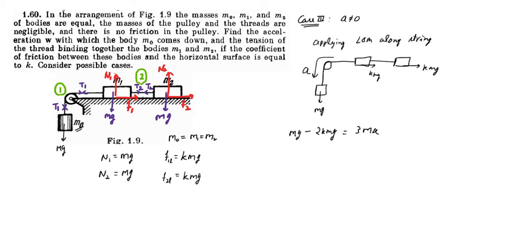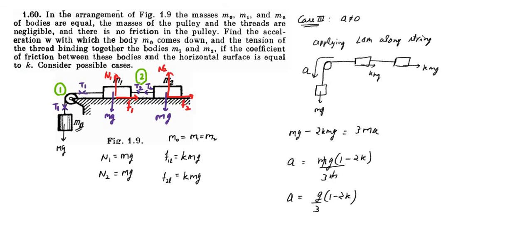So a can be written as mg times 1 minus 2k divided by 3m. M and m will get cancelled. The value of acceleration will be equal to g by 3 times 1 minus 2k.